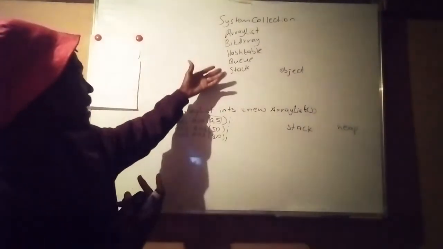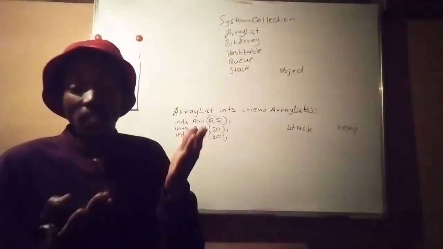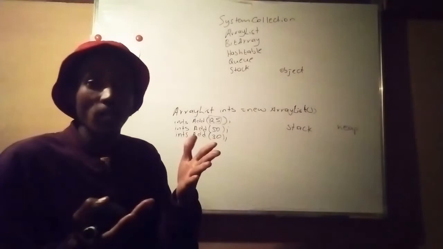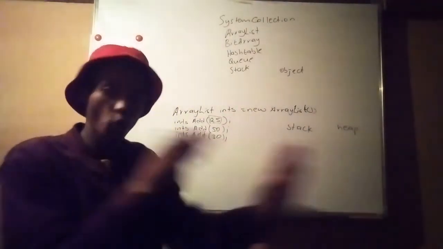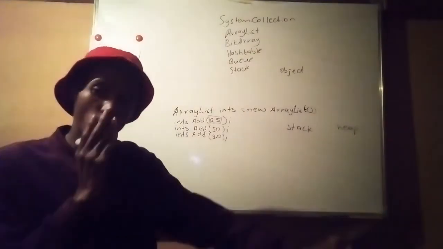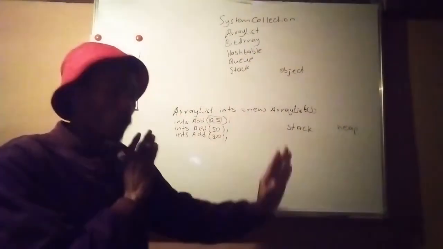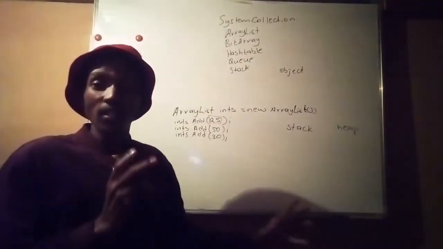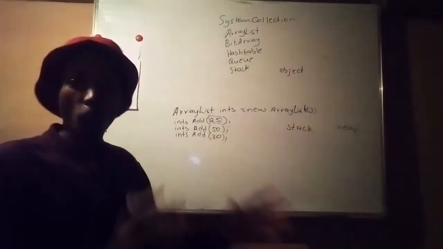So with stacks and queues, the difference would be in terms of what item you access and what item you can get. For example, with a queue, we queue in shops to pay, and we queue at Home Affairs. We queue in every service where we want a service. ATM, we queue.